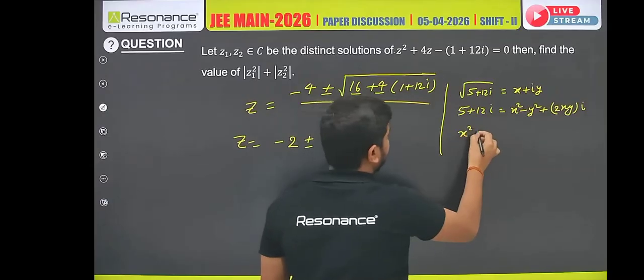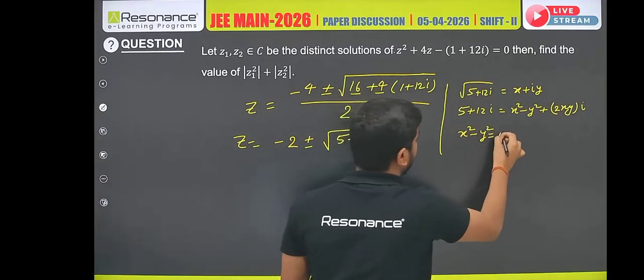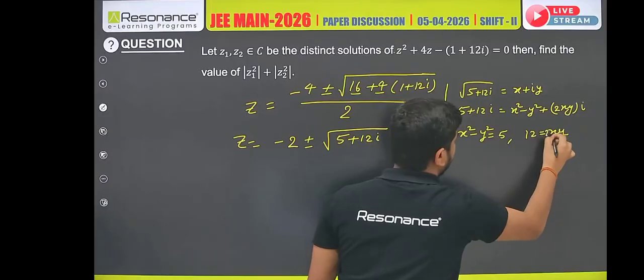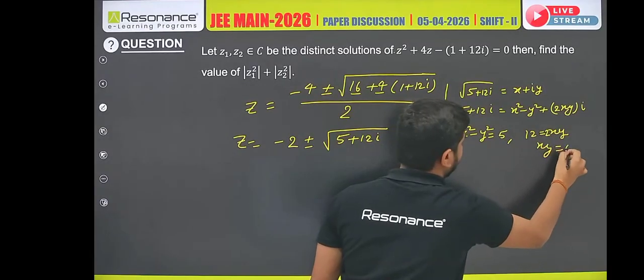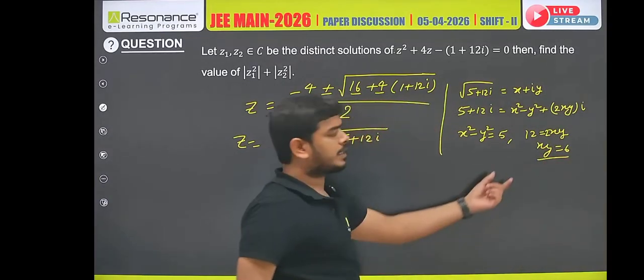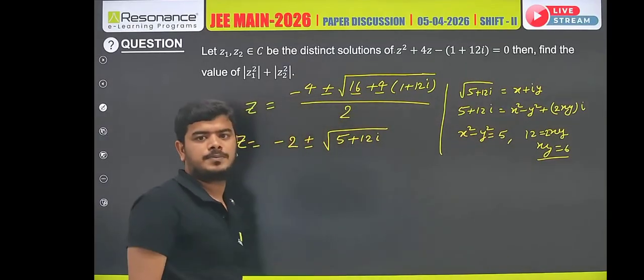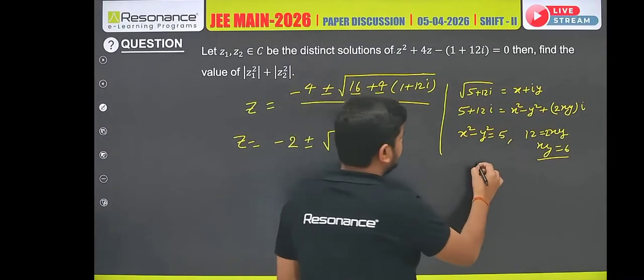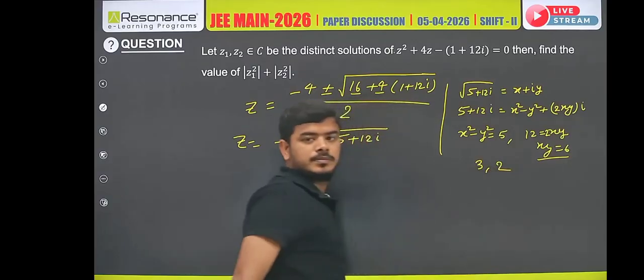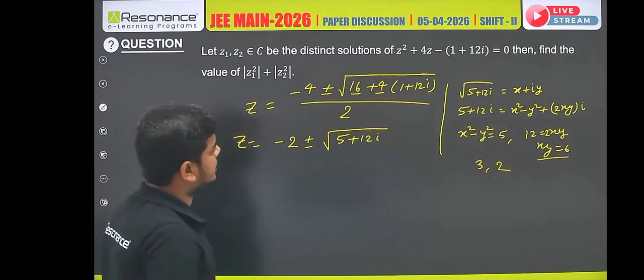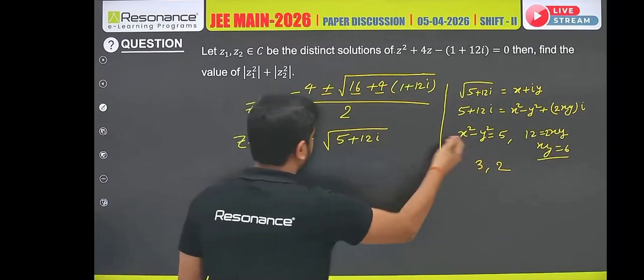Now compare, you will get x square minus y square is equal to 5 and 12 is equal to 2xy. So xy will become 6. So the product of two numbers is 6 and the difference of their squares is 5. That means the numbers are 3 and 2.